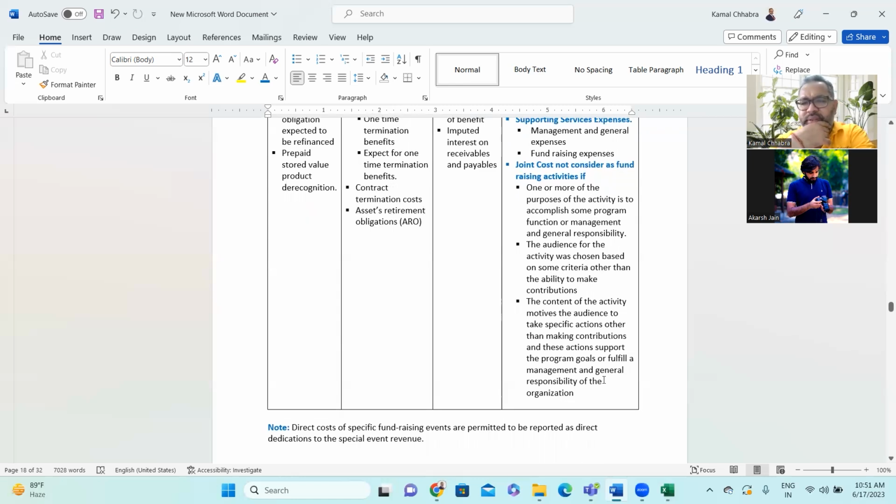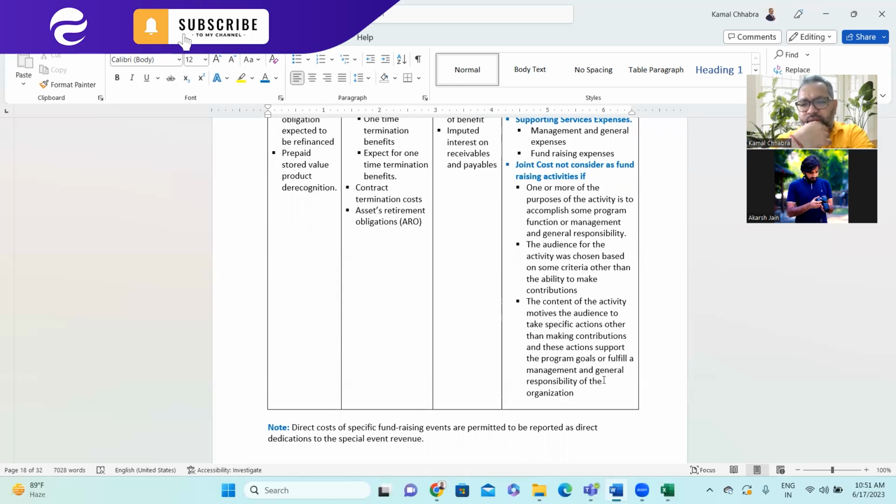There will be certain joint costs which are not required to be considered as a fundraising activity. When you do a fundraising activity, you need to identify the specific and dedicated cost which you have incurred only and only for the fundraising activity.